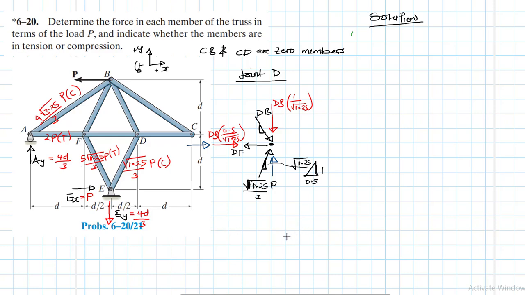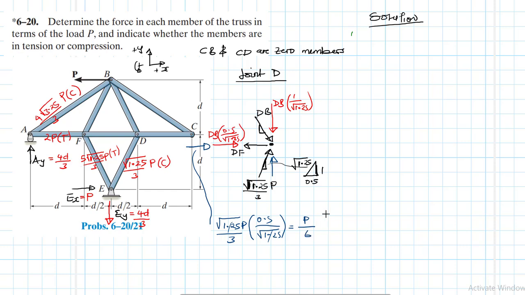Okay, there's already a force there. So this one is root of 1.25 P divided by 3 by 0.5 divided by root of 1.25. So this one therefore gives us this and this goes, this is P over 6.